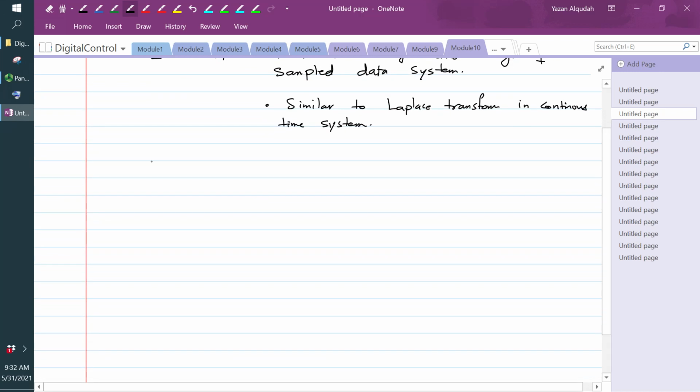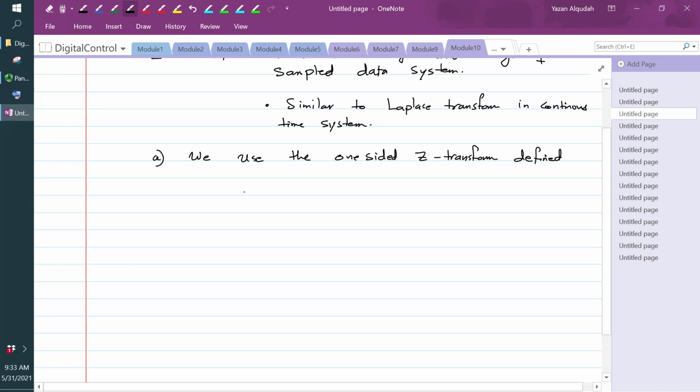How do we define this Z transform? What we're going to be using is a one-sided Z transform. What does that mean?